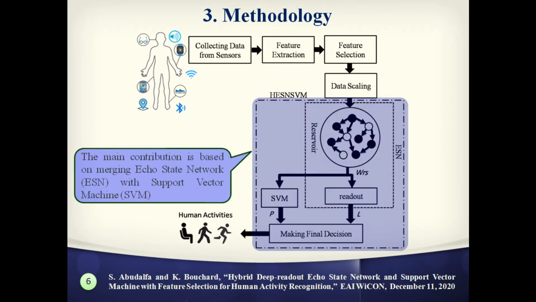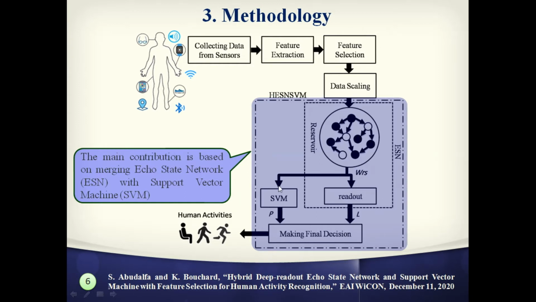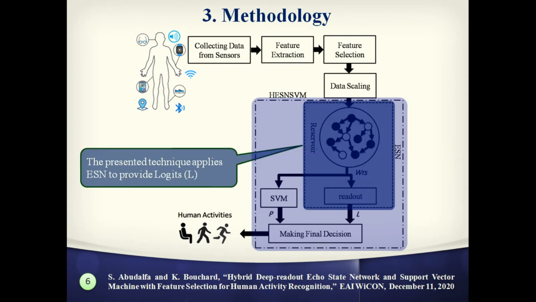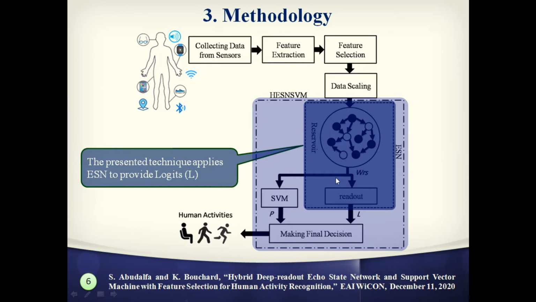Our main contribution is merging an Echo State Network with a support vector machine to improve the accuracy of activity recognition. To merge both models, the presented technique applies the ESN to the normalized data. Thereby, the ESN will provide logits corresponding to data points.